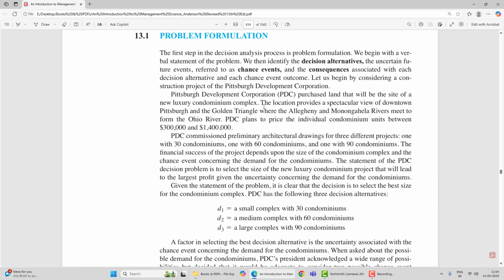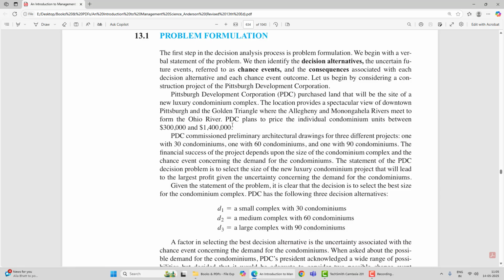The location provides a spectacular view of downtown Pittsburgh and the Golden Triangle, where the Allegheny and Monongahela rivers meet to form the Ohio River. Basically, they are saying that this particular site is very scenic, and definitely there will be a good response to it.